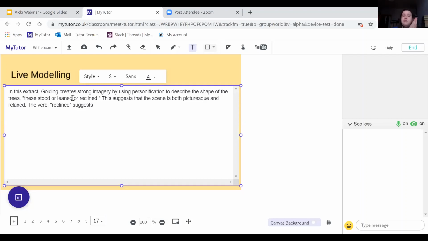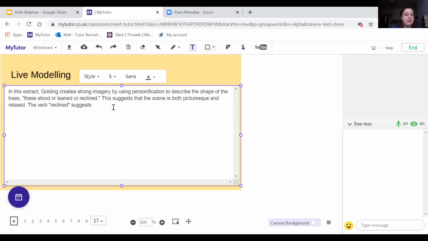I've also labelled the word class. So the verb, I don't need a comma there. The verb reclined suggests. So I don't need a comma there because I haven't got a big quotation coming in. I've just got the one word and I haven't got a big sentence before it like I have in my first sentence. So the verb reclined suggests.